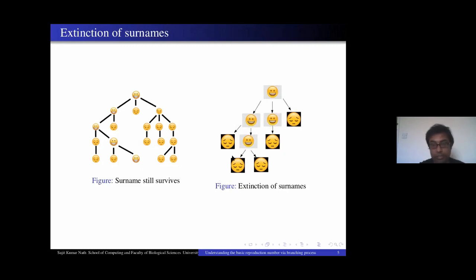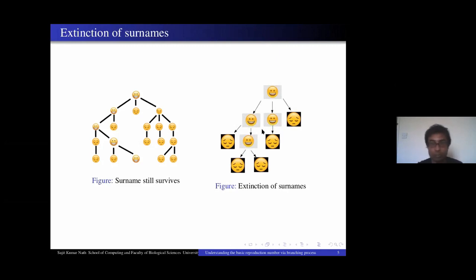But in this branching process, after maybe the third generation, the surname dies out, because at the third generation all the children are girl children, or at some point the propagation of the surname has been stopped by a girl child. So probably this is how extinction of surnames happens in society.